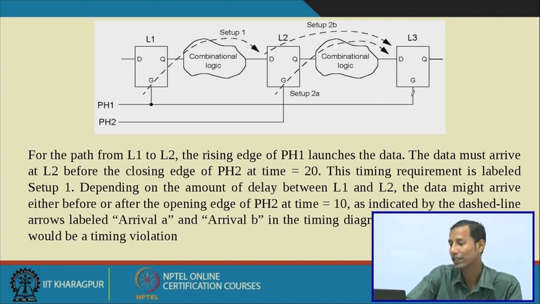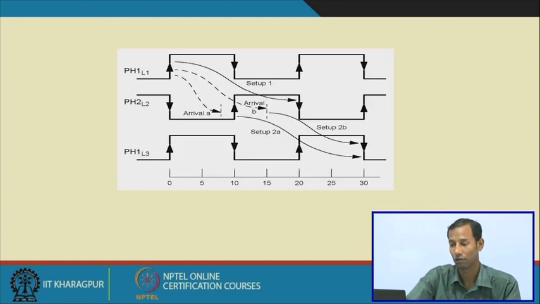PH1 is connected with the first and third ones, L1 and L3, and PH2 is a different clock which has been connected with L2. So how can this data synchronization be done, and how can you calculate whether there is a hold time violation or setup time violation?